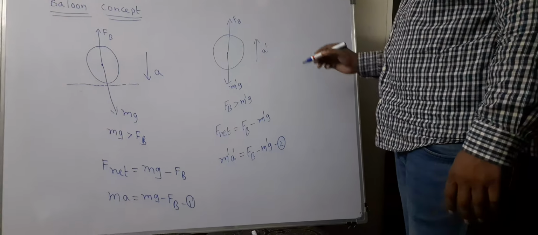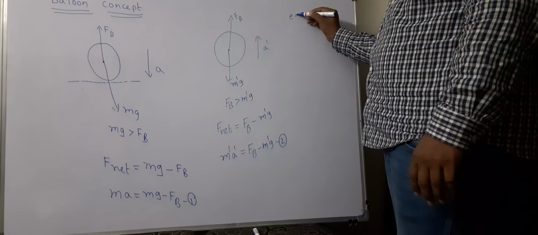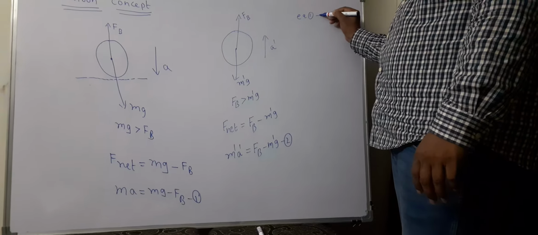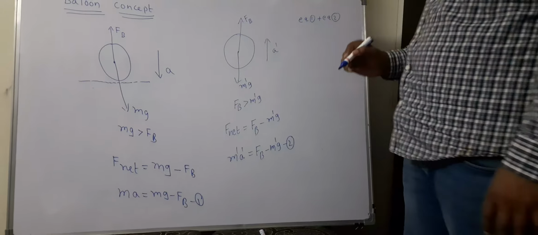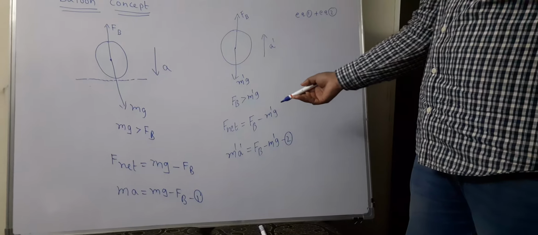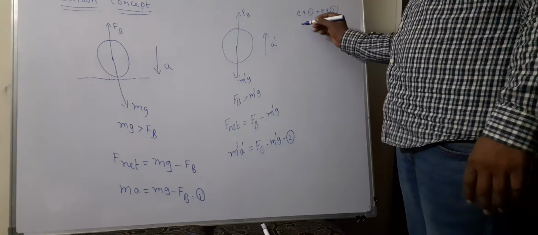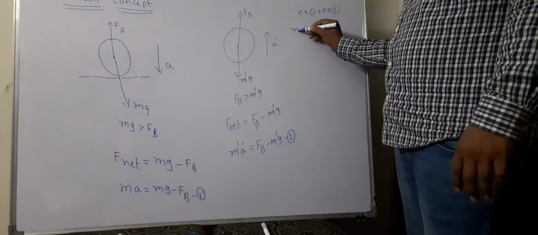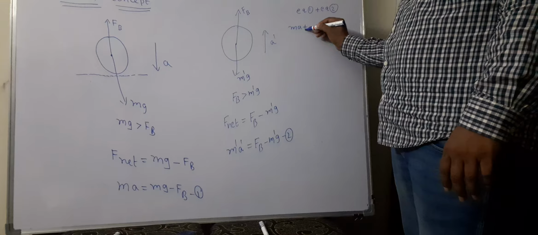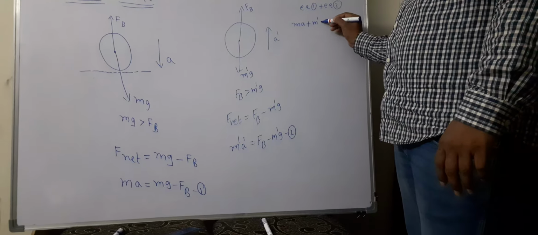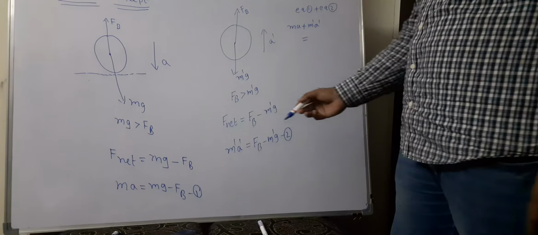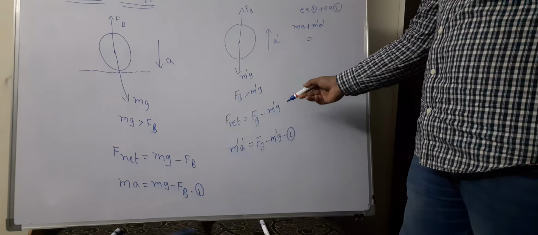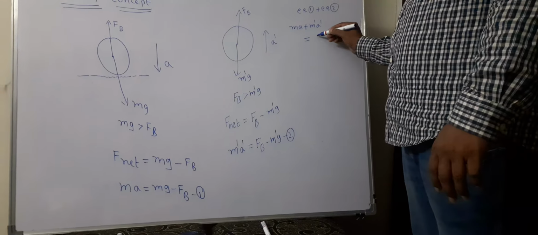Okay. Here equation 1 and equation 2 both are added. First, left side add: ma plus m dash a dash. Right side add: minus FB plus FB cancel.